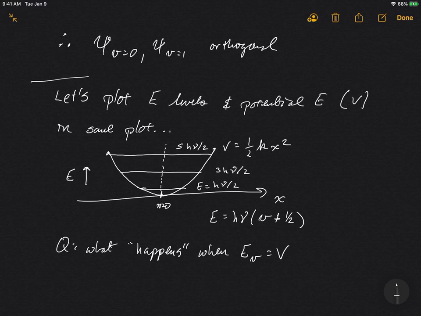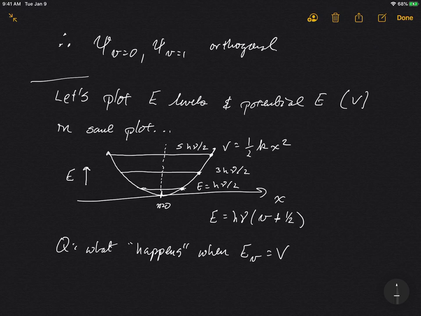Say we have a system in a particular energy level, E equals h nu over 2. Let's consider what's happening at this point here and here, where the two curves meet. What does that position tell us?